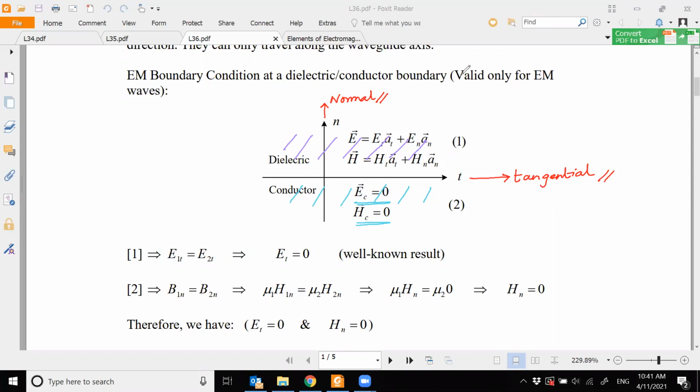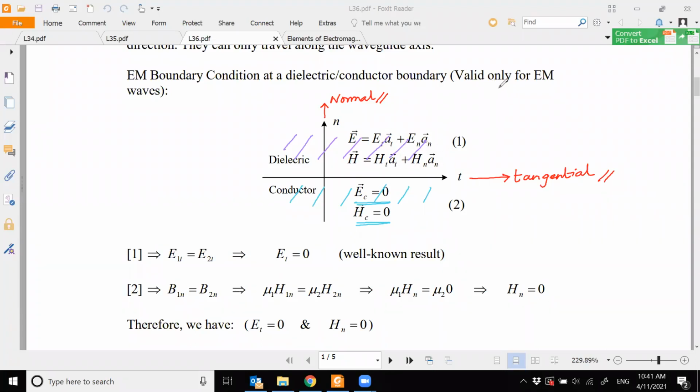You will have the electric field and the magnetic field only in the dielectric region. And I'm writing the electric field not in terms of x, y, z, but in terms of tangential and normal components. That's why I'm writing as E_T and E_N. So this is the tangential component, this is the normal. And here also the tangential component and the normal.